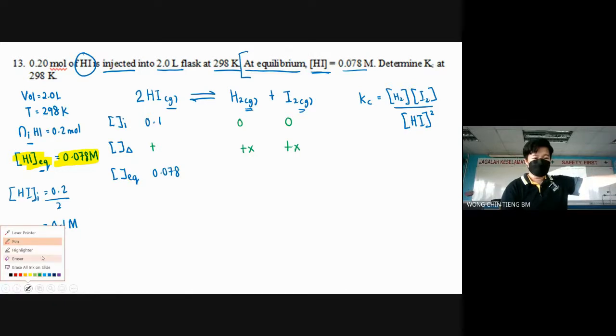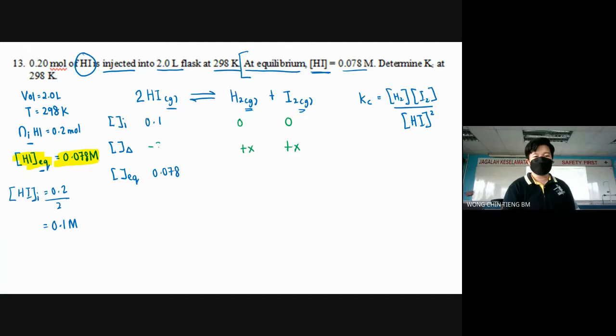Reactant? Negative 2X. Easy. Betul? Selesaikan. Kosong tambah X. Kamu dapat X. Over here, 0.078 akan bersamaan dengan 0.1 minus 2X. Boleh dapat X? Solve the X, I want Kp value.